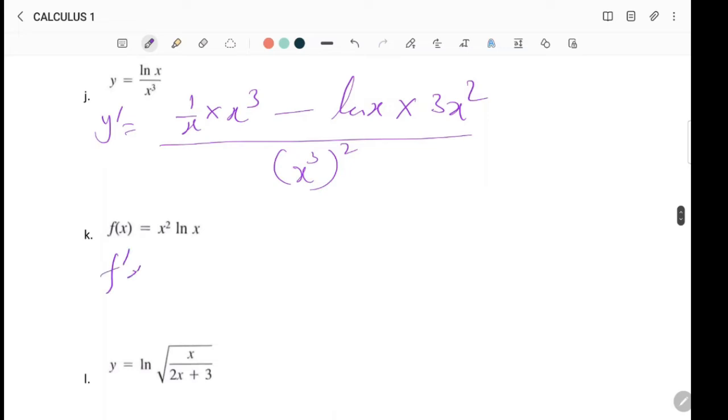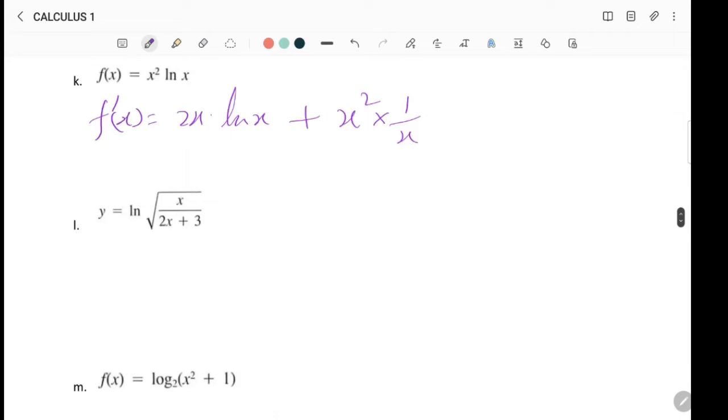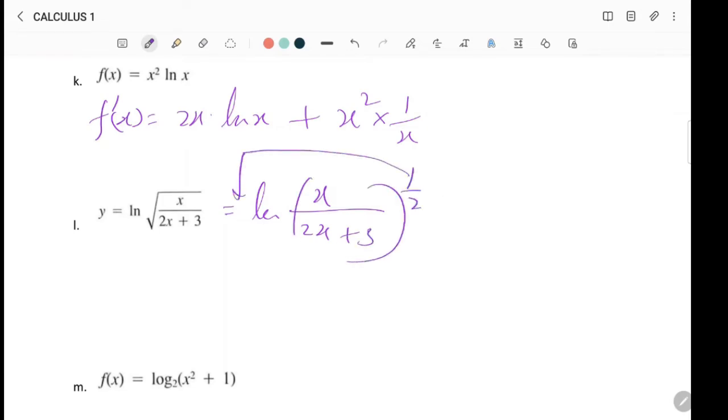Now here product rule. F dash x is 2x times ln x plus x squared times 1 over x. Ln x differentiation. Here we have to write ln x over 2x plus 3 to the power 1 over 2 because of root, and then this half will come here, the coefficient, so half times ln x over 2x plus 3.